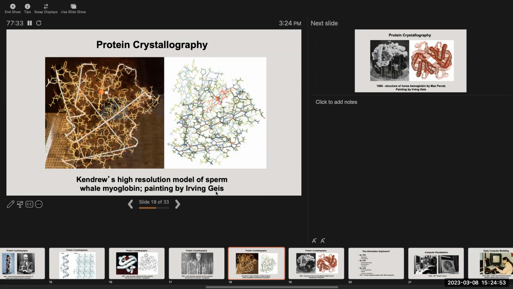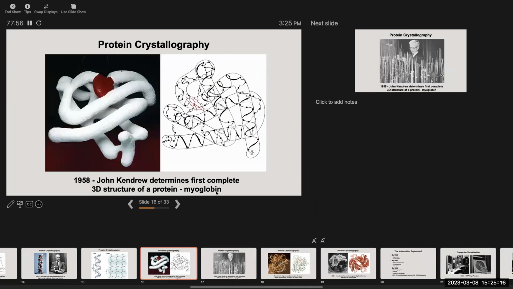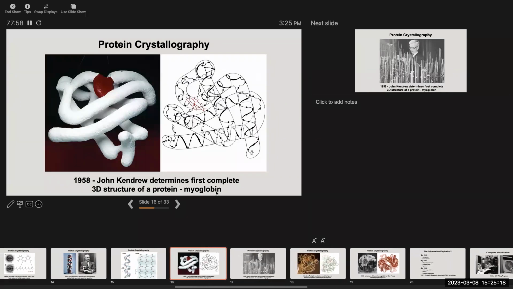And that red ball that you see kind of in the middle of the molecule is the iron atom in the center of the heme group, which is what actually holds the oxygen. On the right is a painting of that same model, almost in the same orientation, pretty close. And this was a painting by Irving Geis, the same guy who did this illustration.